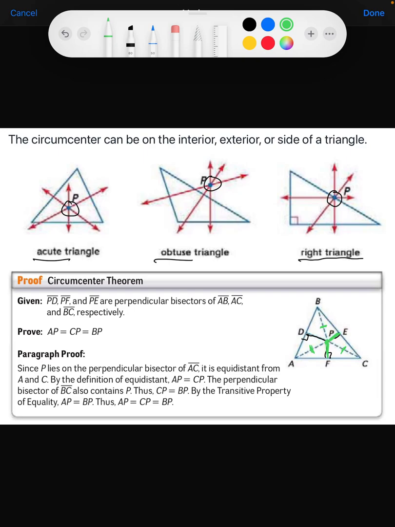So since AP equals PC and PC equals BP, then by the transitive property we can say that they are all equal to each other.